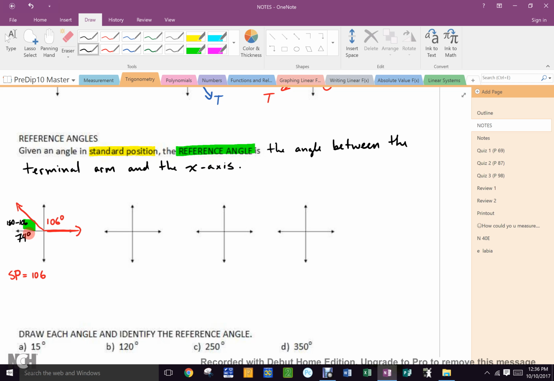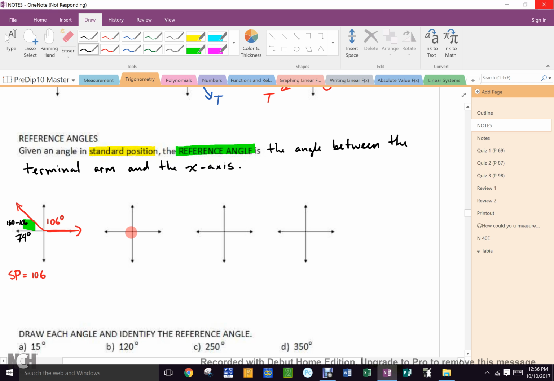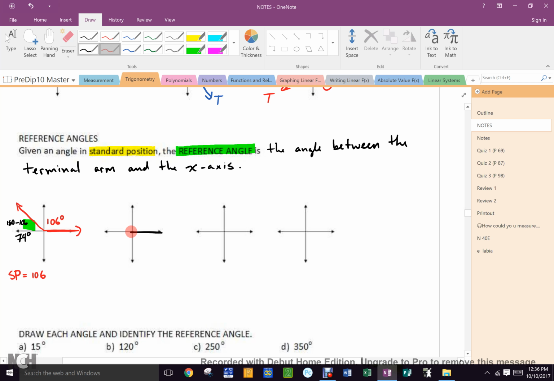Now I am going to just draw some angles with no numbers to see if you actually understand the concept. I'm going to do the first one. Where is theta?